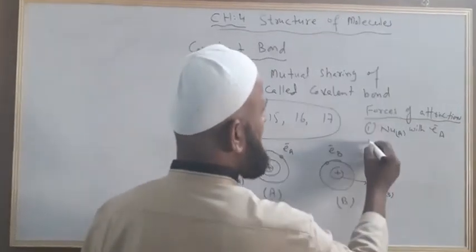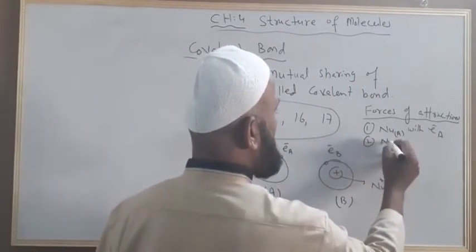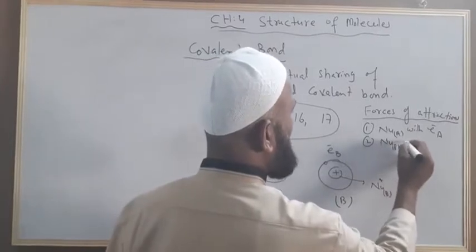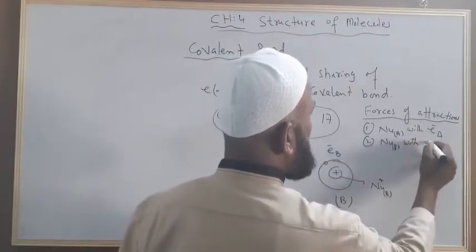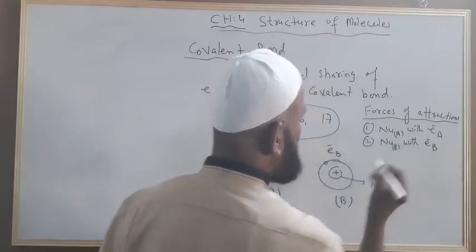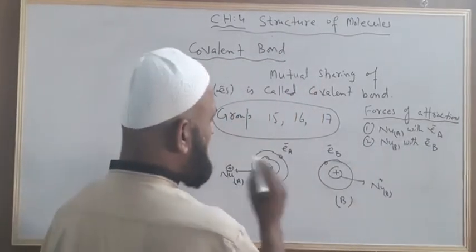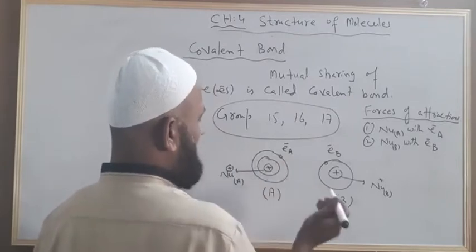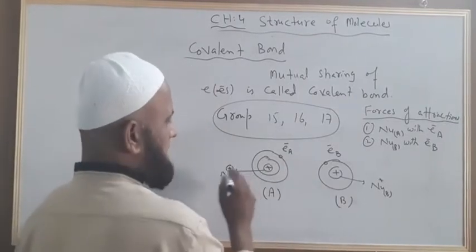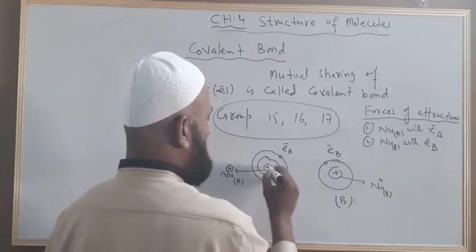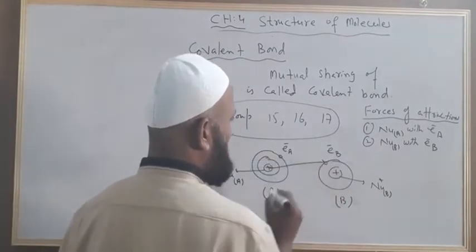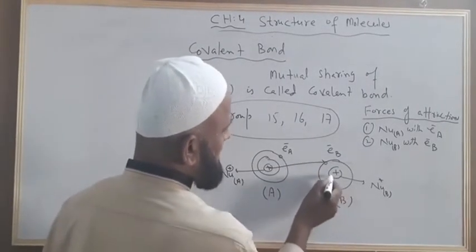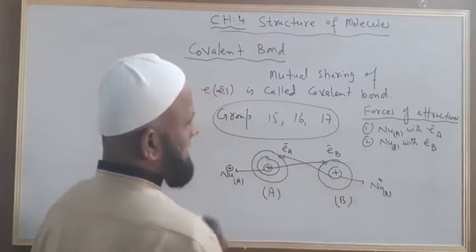Second, nucleus of atom B with electron of atom B. Third, when it would share, it would exert attraction: the nucleus of A over electron of B, and similarly nucleus of B over electron of A.